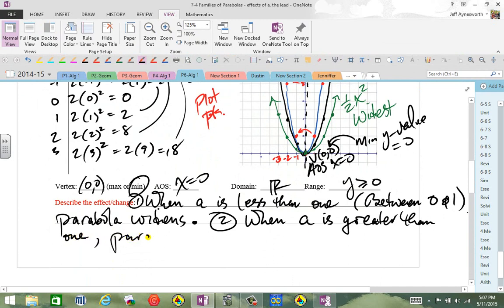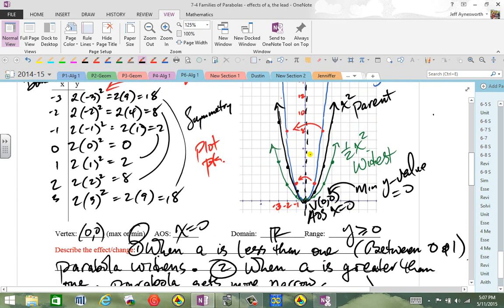Parabola narrows, okay? Parabola gets more narrow, or what we say, steeper. Those are the two observations that you can see just within these 3 functions right here.